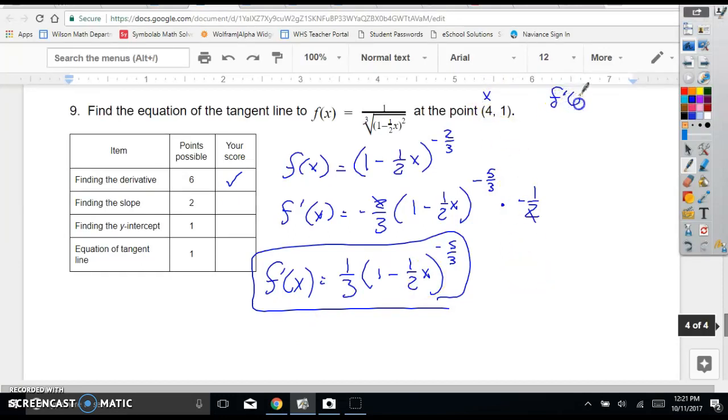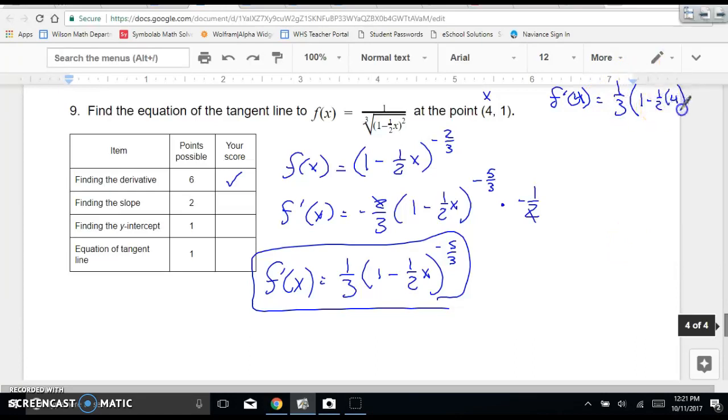So I'm going to have f prime of 4. And this will be 1/3 times (1 minus a half times 4) to the -5/3. Let's go ahead and do a little bit of this. Half of 4 is 2. 1 minus 2 is -1.